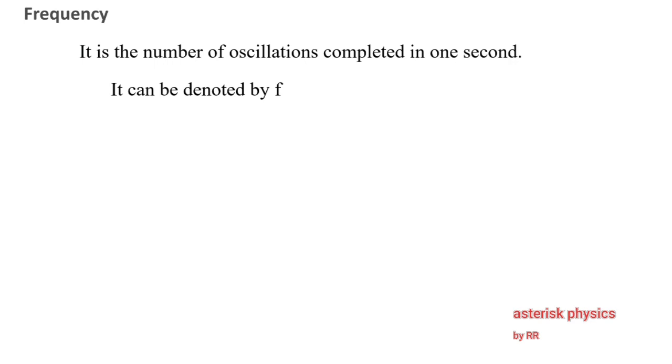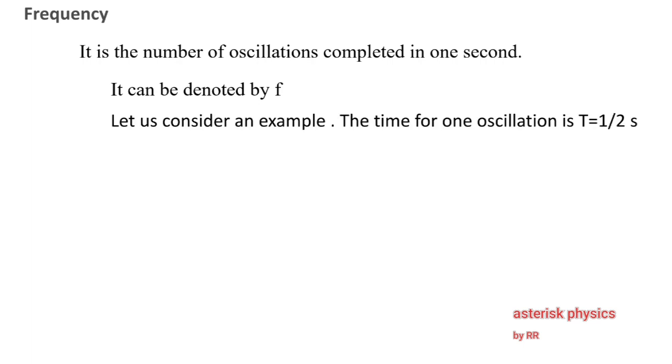Now, let us do one example so that the term frequency will be more clear to you. Let us consider an example. The time for one oscillation is T equal to half a second. That is, the particle takes 1 by 2 seconds to complete one oscillation.